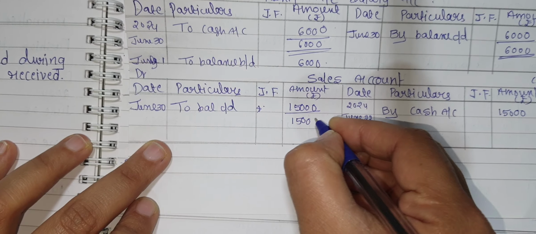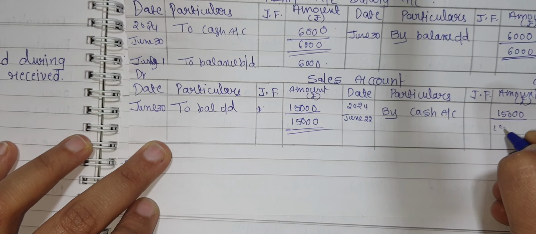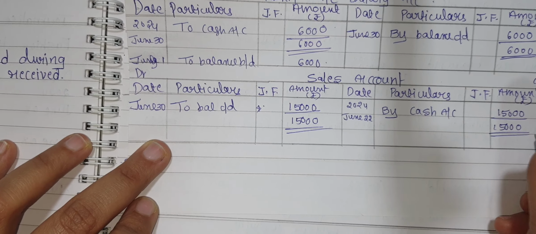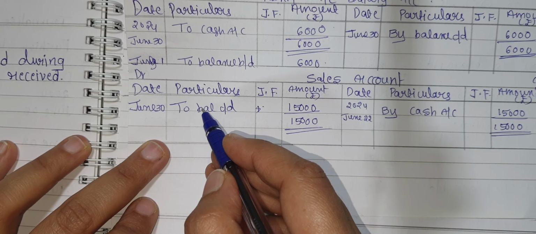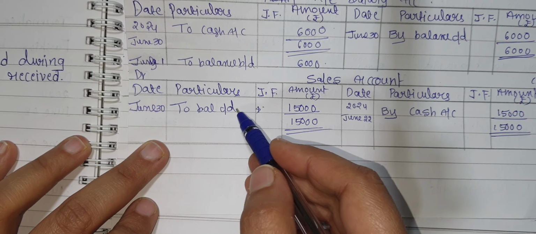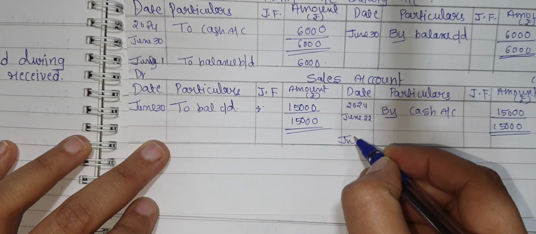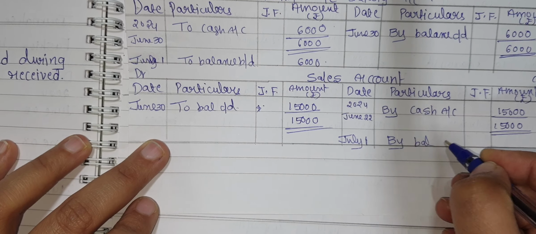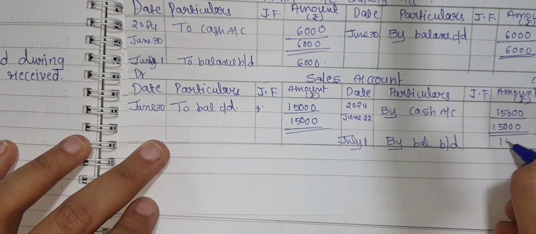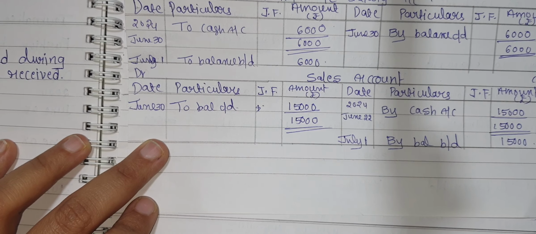Close the account and write down the opening balance of July 1st. Write down exactly the opposite of balance carried on. See here, July 1st, by balance brought down, that is rupees 15,000.